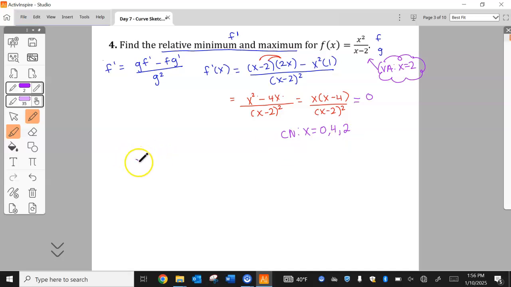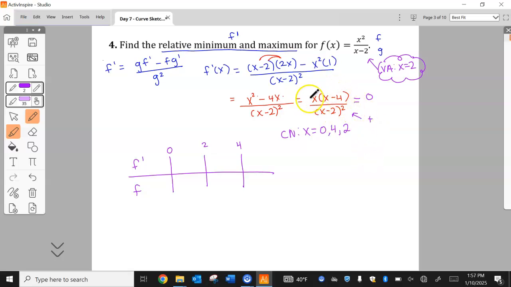So now in my chart, I'm going to have 3 numbers. My smallest is 0, then I have 2, then I have 4. I'm going to plug in a negative number, -1, and notice the bottom is squared, so the bottom is always going to be positive. So I don't have to really worry about that.